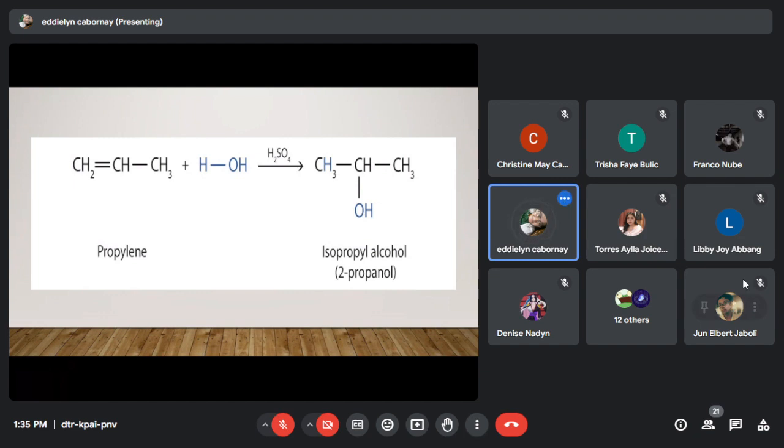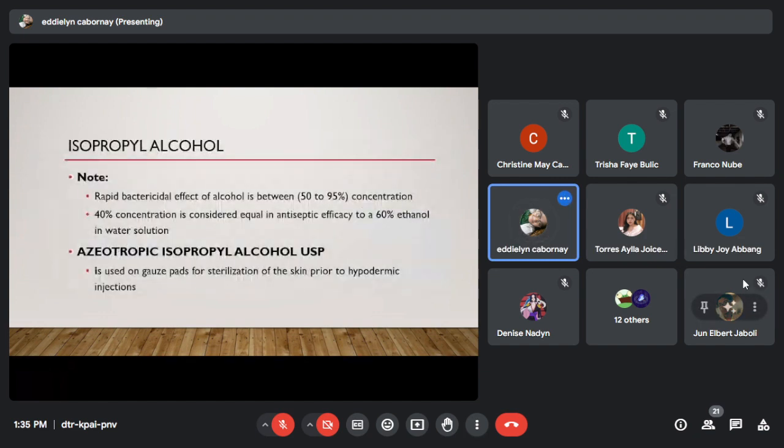Okay, next, take note that the rapid bactericidal effect of alcohol is between 50 to 95% concentration. A 40% concentration is considered equal in antiseptic efficacy to a 60% ethanol in water solution.